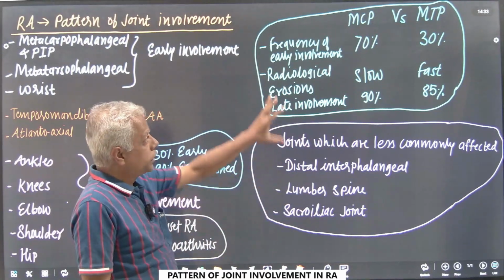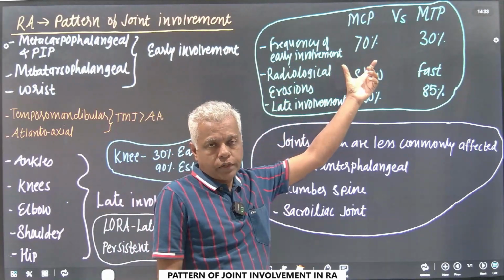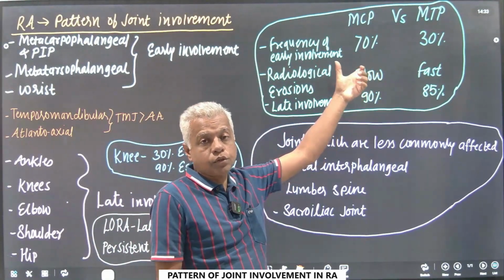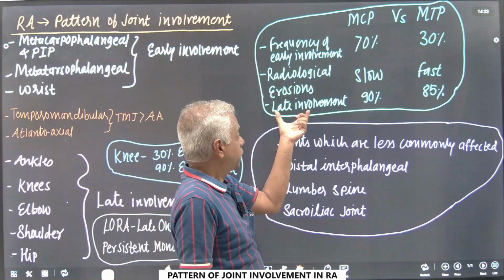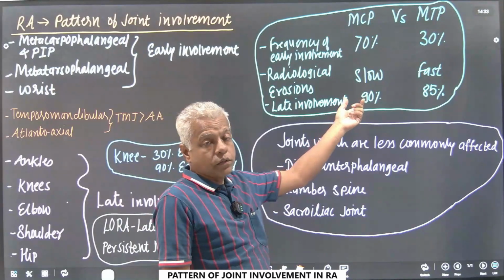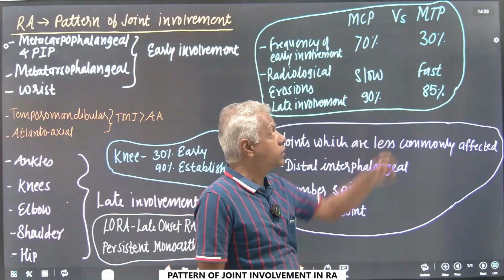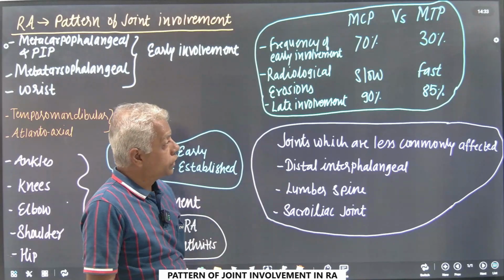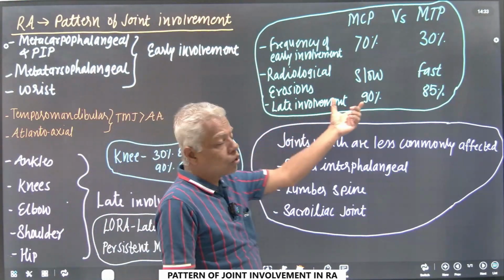So if you compare these two joints, the involvement of the metacarpophalangeal joint in the early stage of the disease is more likely, and if you compare that with the late stage, then almost 90% of the time the metacarpophalangeal joint is involved, whereas the MTP is almost 85% of the time. When I say late involvement, what does it mean?